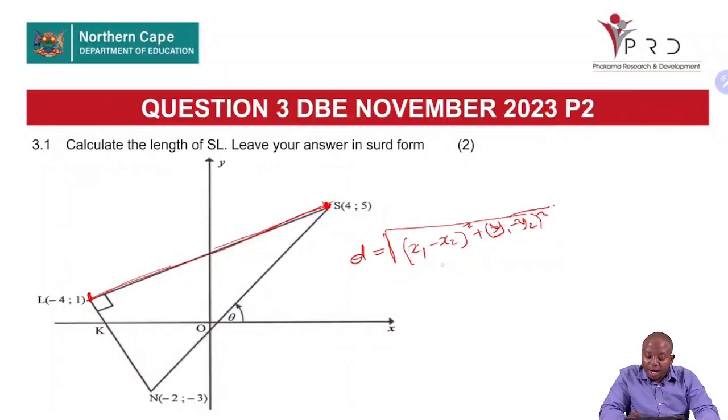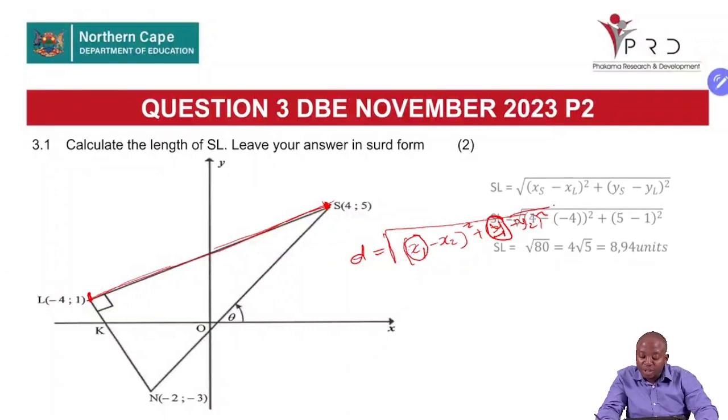You can actually use them vice versa, x2 minus x1 and y2 minus y1. What's important is that if you start with x1, you must also start with y1 on the other side. That's what's important with regards to this formula.